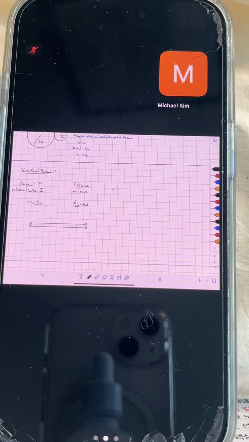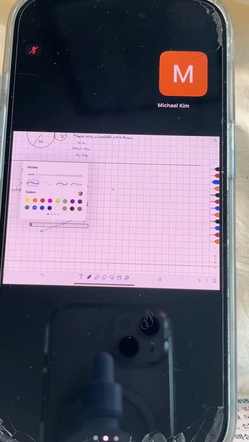The idea here, again, is that let's say you've got something, and I know that this is my axis of rotation. Then if I've got a force, for example, that is going in this direction, the way we defined the torque is that we're going to take our force and look at what we call the line of action for the force.